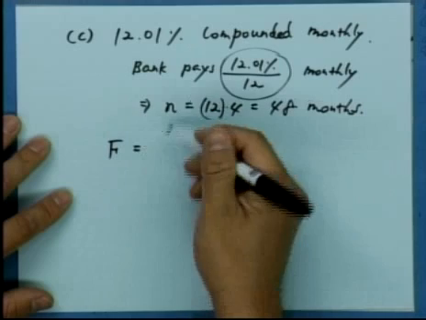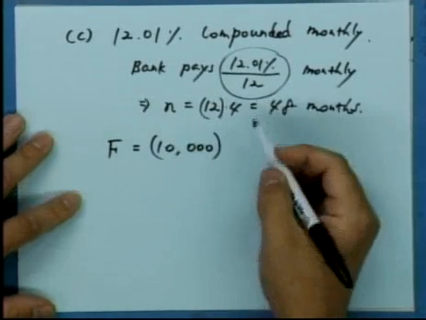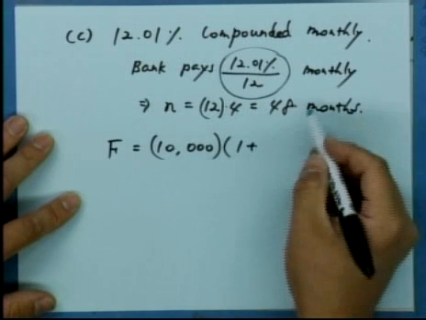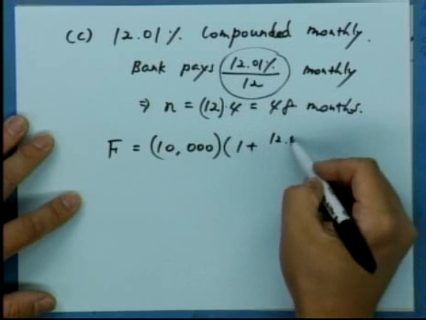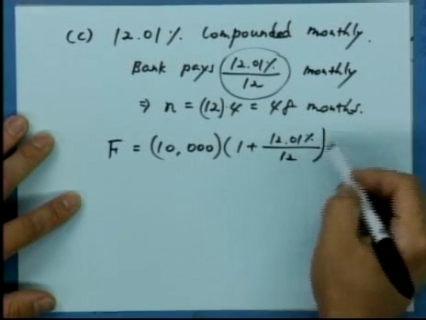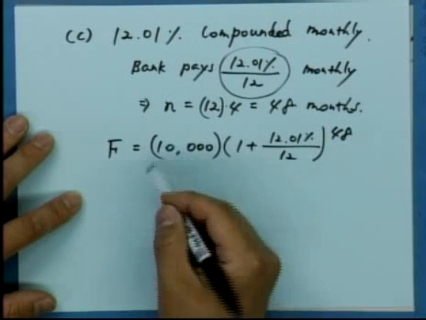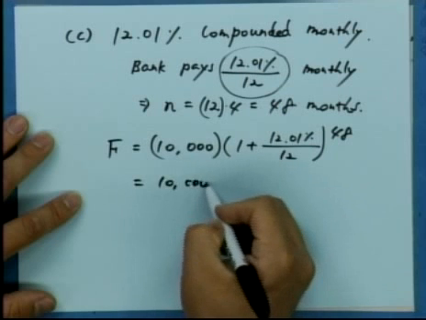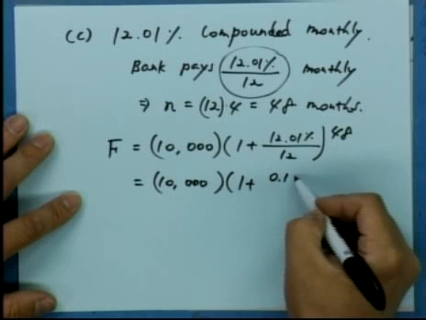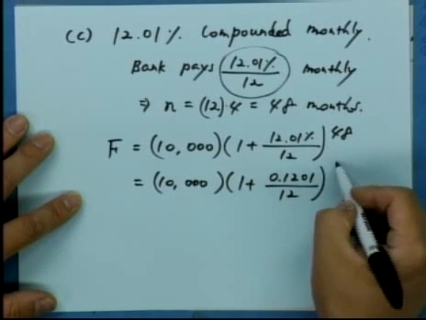So in this case, the future sum of money, F, equals 10,000 times 1 plus 12.01% divided by 12 to the power 48, right? Which is same as 1 plus 0.1201 divided by 12 to the power 48.